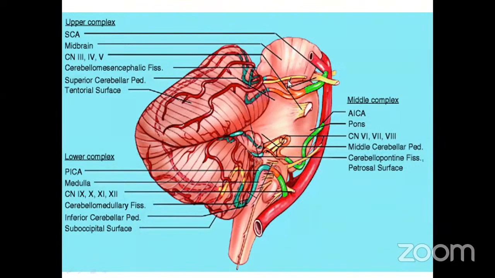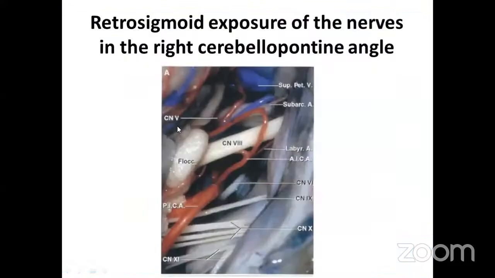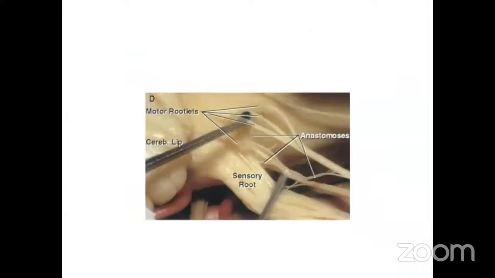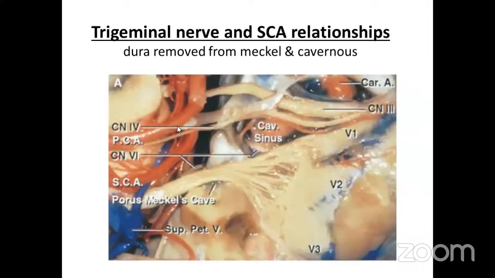Sir, this is part of the complex, but if we see from the retrosigmoid approach, this is difficult to see. Even the abducens nerve is difficult to see from this approach. But anatomically, this is part of the complex. Anatomically it is part of that, but when you operate, you rarely see the upper complex.